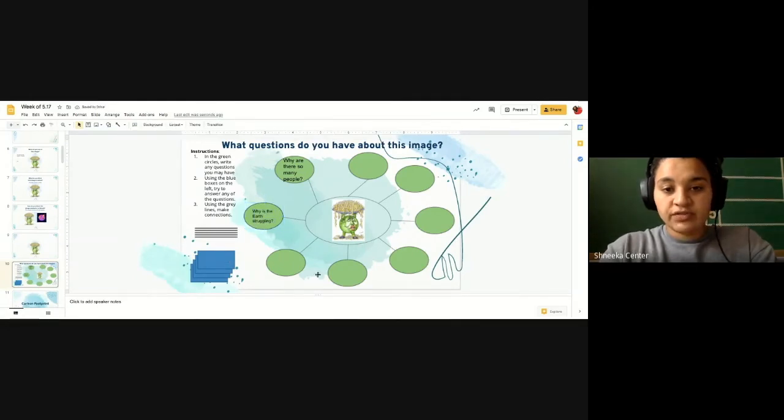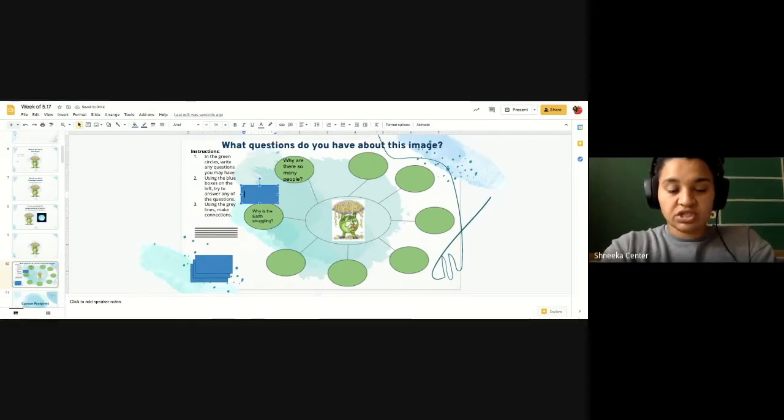So once all of these circles are filled out, you're going to take a blue box and answer the question. So the answer for this question could be, the Earth is struggling because there are many people.